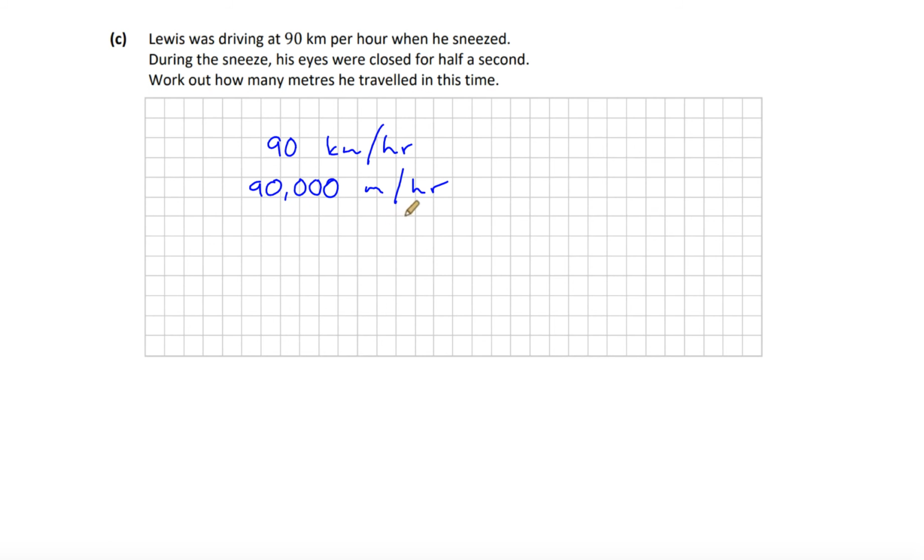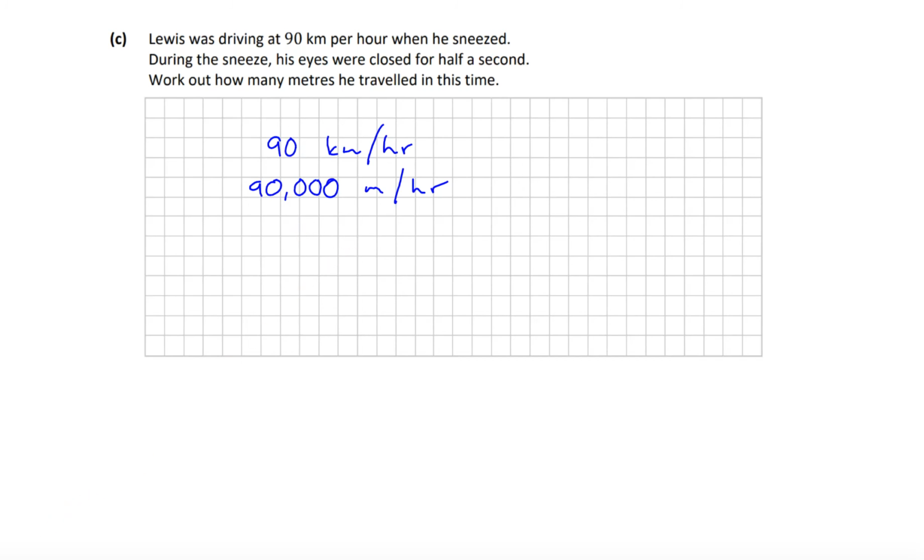So now we want to change the hours into seconds. Well, how do we change hours to seconds? We can do it by minutes first. So how many minutes are in an hour? Well, there's 60. So if you're going to do 90,000 meters in an hour, in a minute you would do this divided by 60.